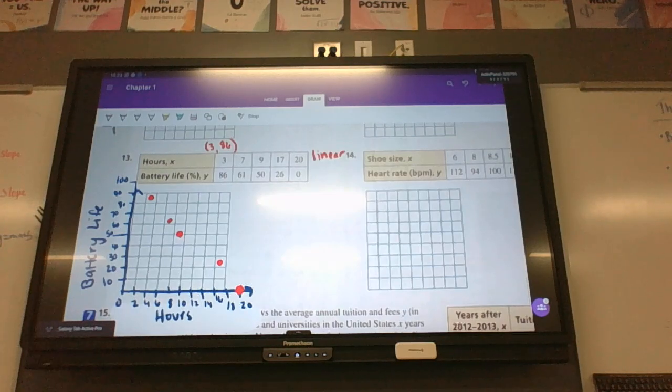Those of you who go down and down, that's a negative slope, the batteries are draining. Right through the data.